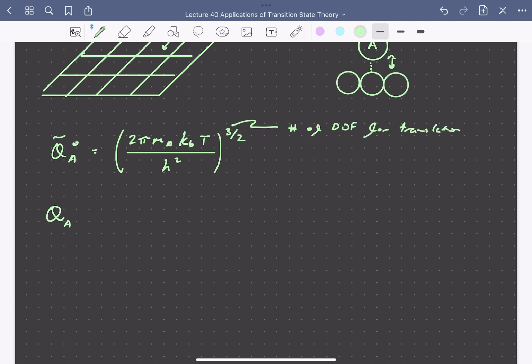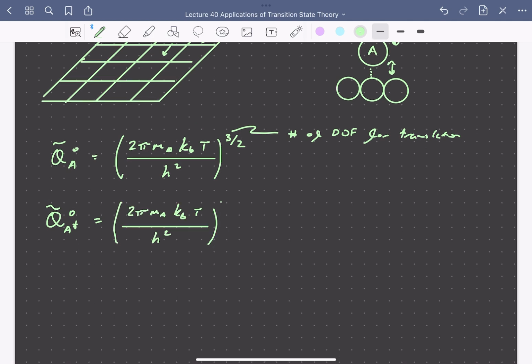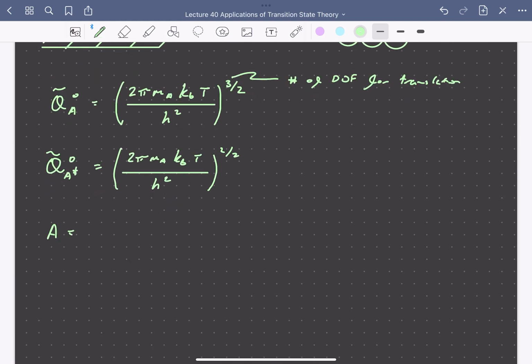For our transition state, this is going to be confined to the surface, so it can move freely in 2 dimensions. So it's going to have 1 less translational degree of freedom than our reactant state. This expression is going to look identical, except it's going to be raised to the 2 over 2 power, or just simply the first power, instead of the 3/2 power. So we can use these partition functions to write our pre-exponential factor.